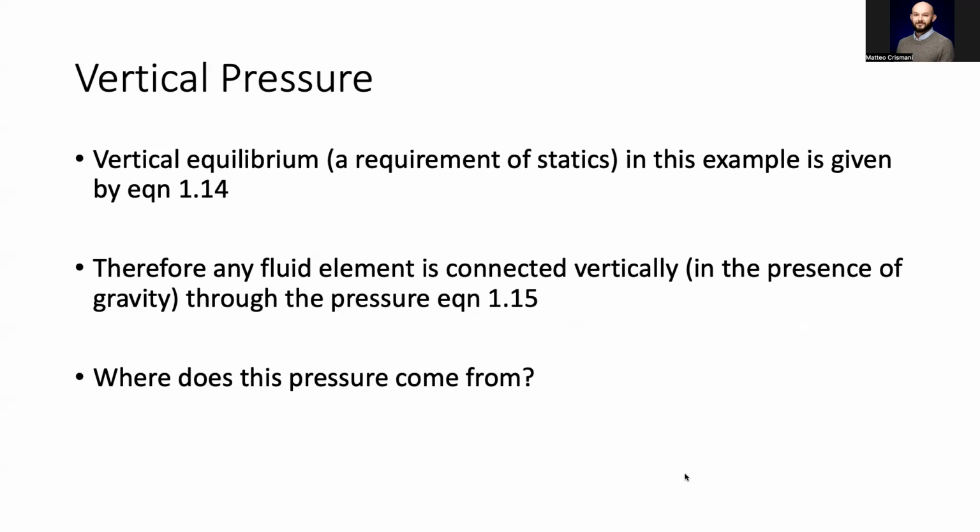I can put the rho g on the other side. Now it's minus dP equals rho g dz. And then I can put this on the other side, and that's the same. Does that make sense?